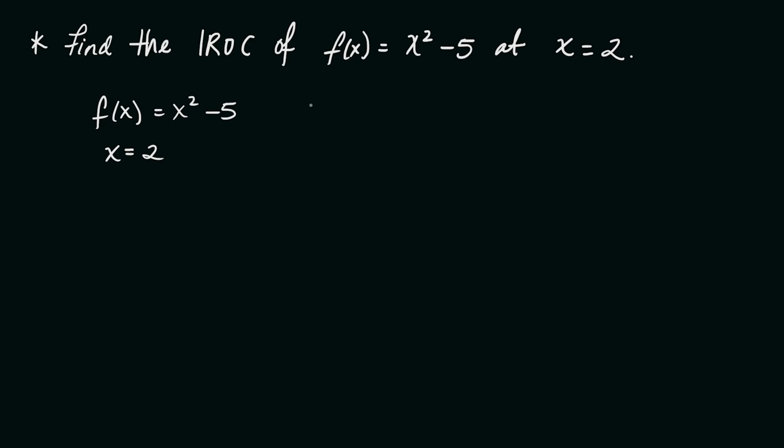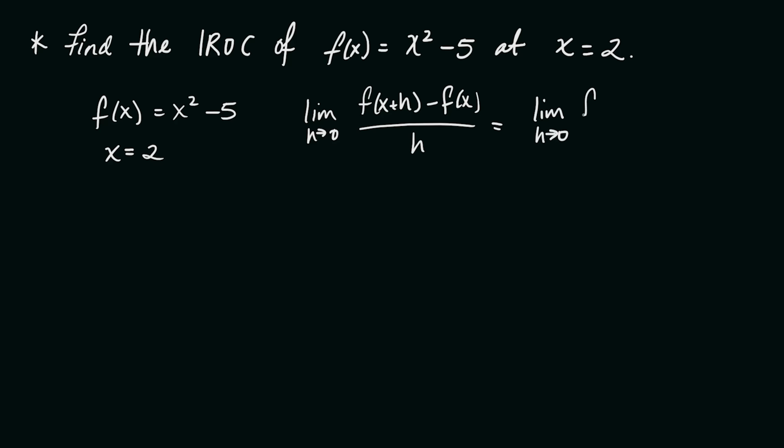So now, by using the difference quotient, the limit as h approaching 0 of f of x plus h minus f of x over h is just equal to the limit as h approaching 0 of f of 2 plus h minus f of 2 over h, of course.